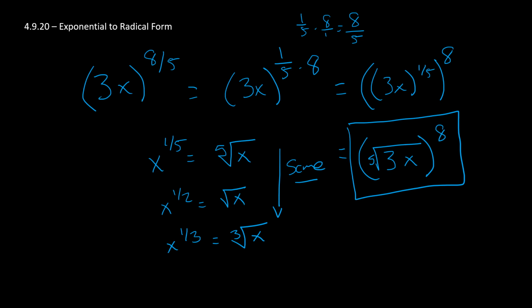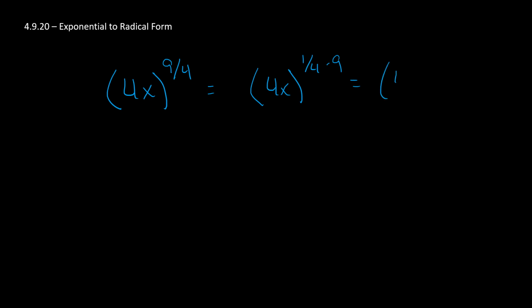Alright, let's go ahead and do one more with you all today. Let's do 4x to the power of 9 over 4. We can split that up as being 4x to the power of 1/4 times 9.